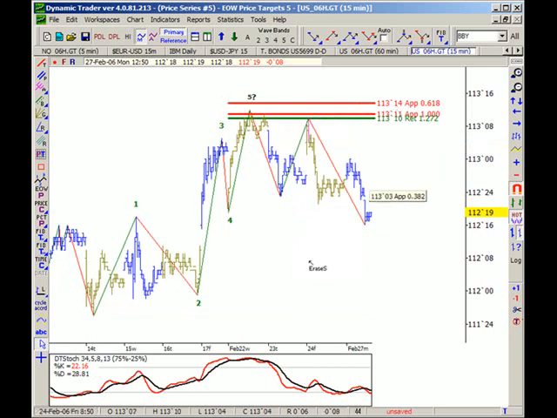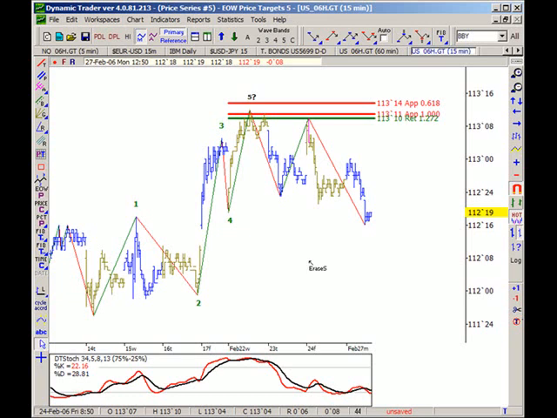So keep your price projections up, your internal and external retracements, your internal and external alternate price projections. If you have a potential pattern forming of an ABC or 1 through 5, do your specific projections for those two patterns.